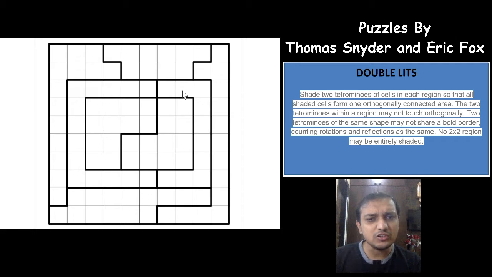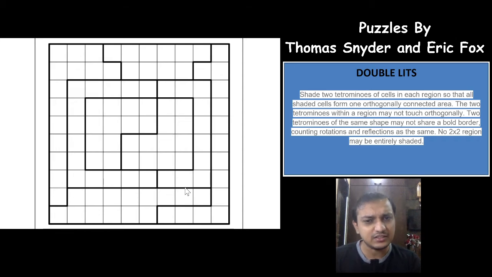The first thing that you do is look out for the smaller regions where you can at least place some of the cells of the tetrominos. If you see this region, you can place these three cells and these three cells at least. How did I place so fast? I've just looked out for how many total cells there are in this region.